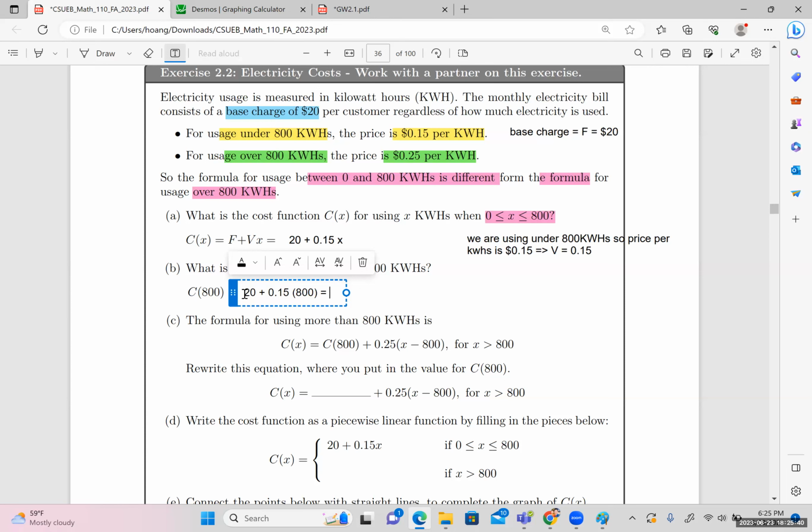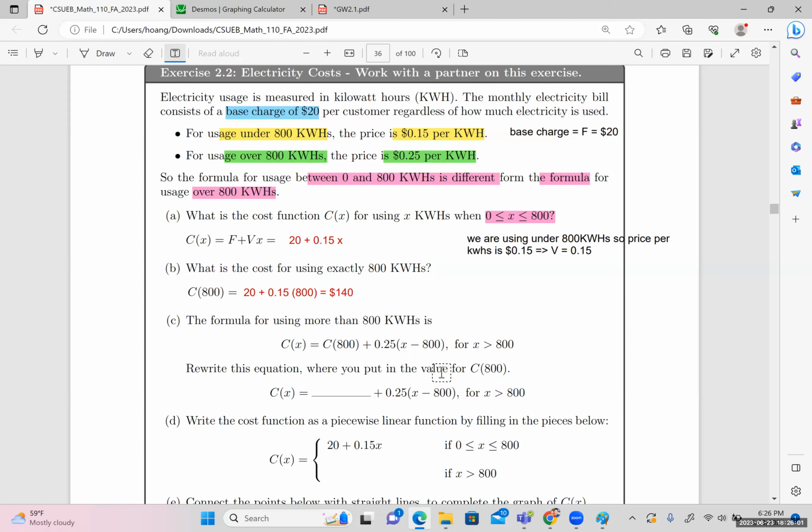And you use a calculator to calculate that. You get $140. Okay. I'm going to use the red one in this case. All right.